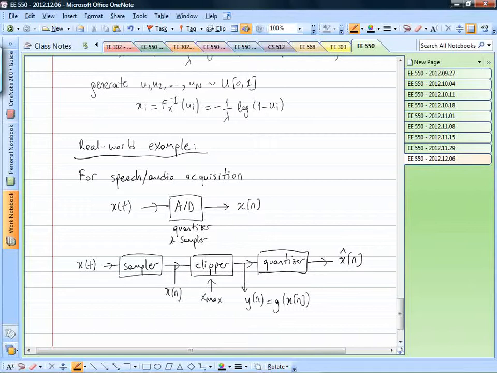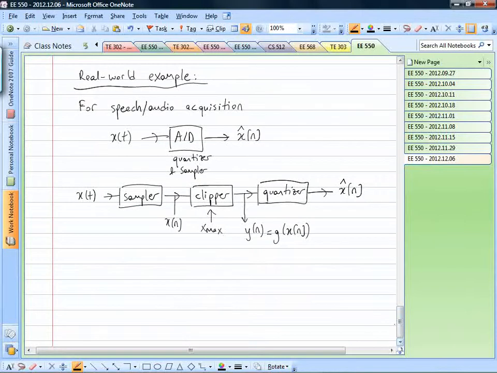So x hat of n is the quantizer output. Now what the clipper does is that y is always between minus x max and x max, okay? So the y values become in this range.